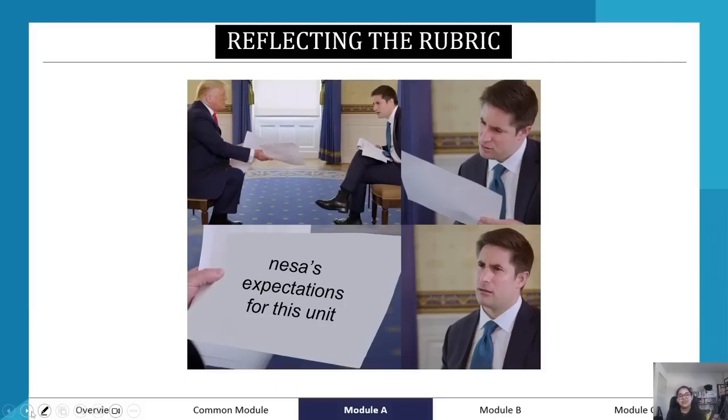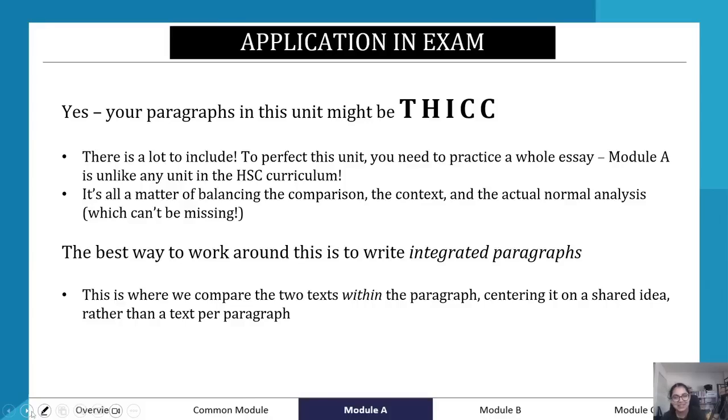Okay, so here's the rubric, NESA's expectation for this unit. Let's have a look at what they are. Your paragraphs will probably end up being a bit thick, because there is so much to include. To perfect this unit, you need to write a whole essay.